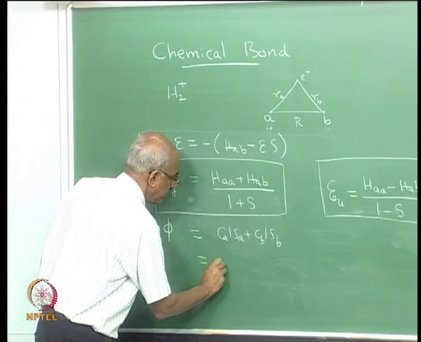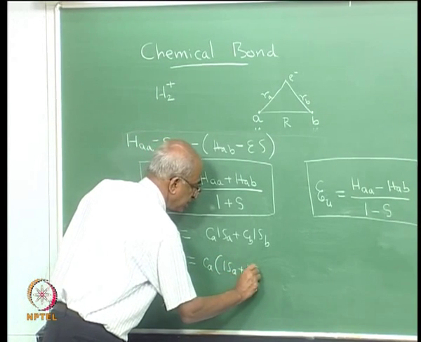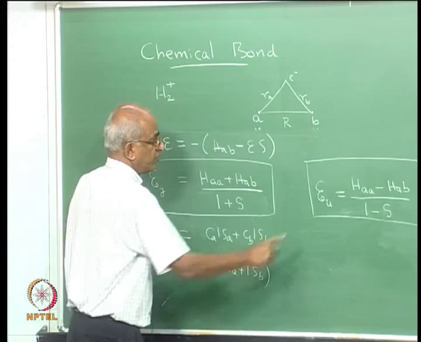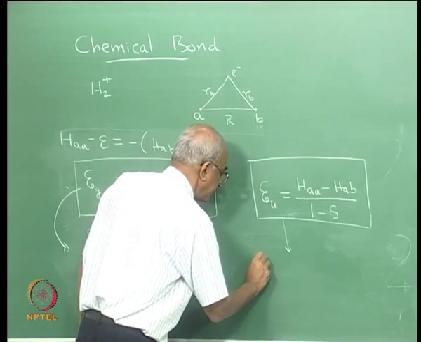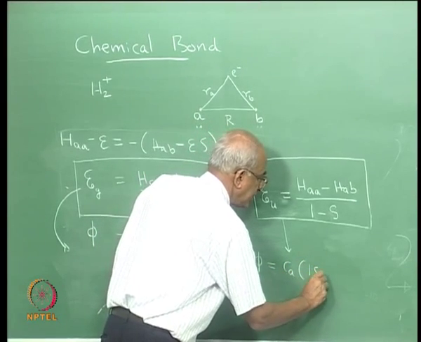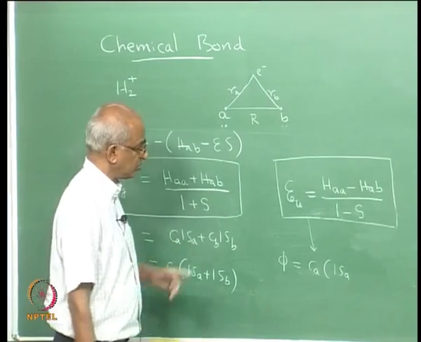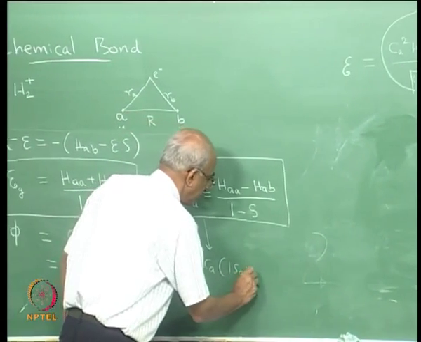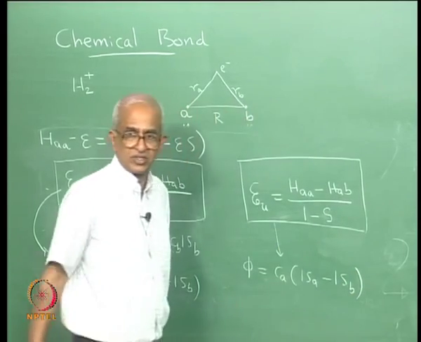So, therefore, this will become CA into (1s A plus 1s B). While for the other case, you will find that phi is actually given by CA into 1s A. See, in this case, CB is the negative of CA. So, therefore, the solution becomes CA into (1s A minus 1s B), that is the other solution.